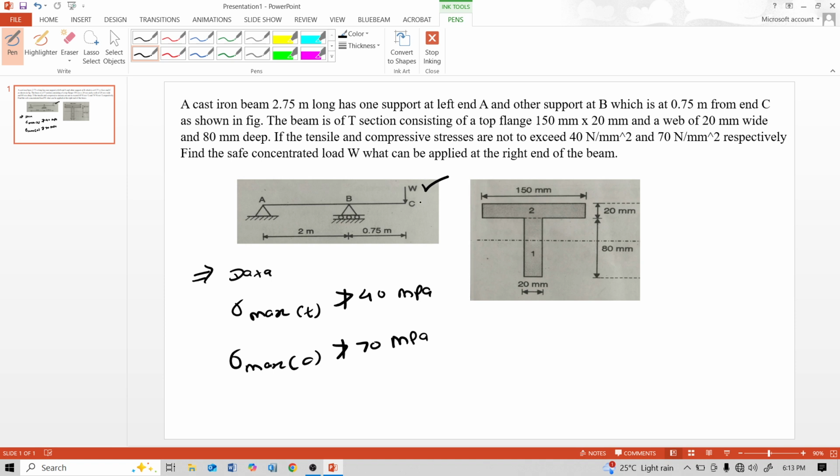The deflected shape of this beam is like this, and due to this W load only hogging moment is produced. This hogging moment M is equal to W into 0.75, that means 0.75 W.